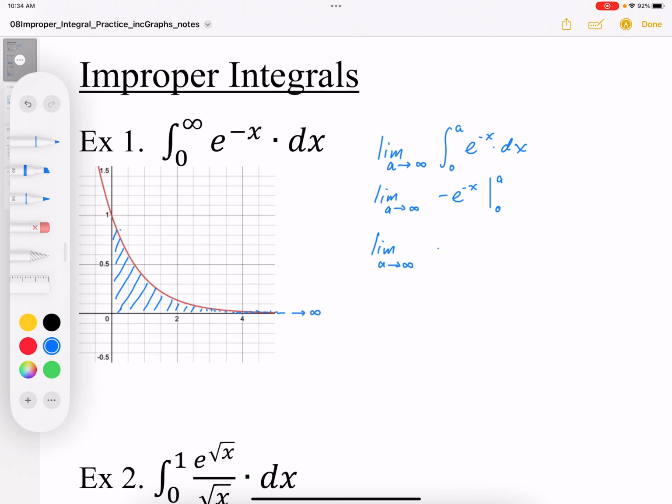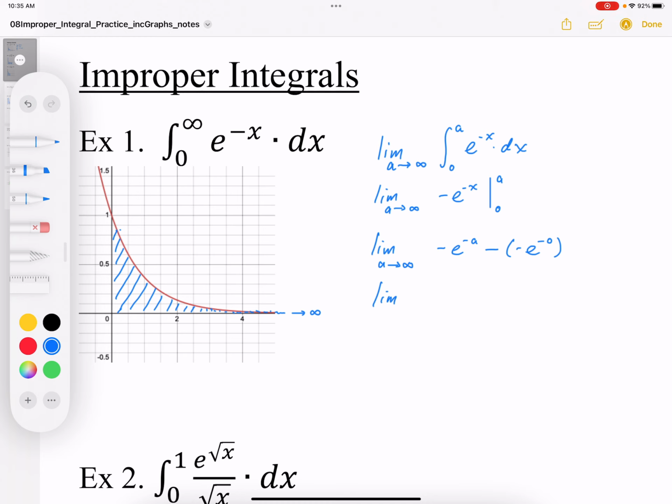So we're going to end up with negative e to the negative a minus negative e to the negative 0, which is really just 0. There's a bunch of extra negatives in there, so we just have to make sure that we keep track of that. At this point, I can evaluate my limit. I'm going to simplify this first.